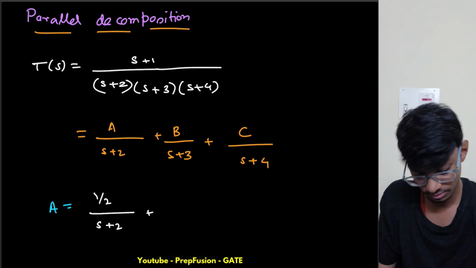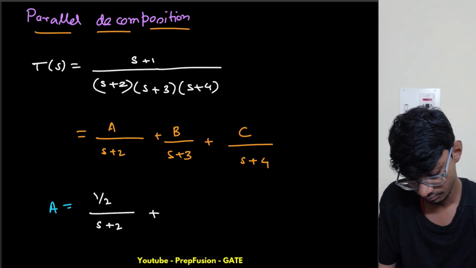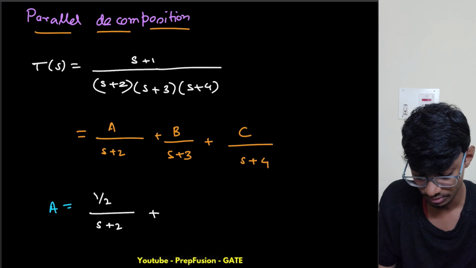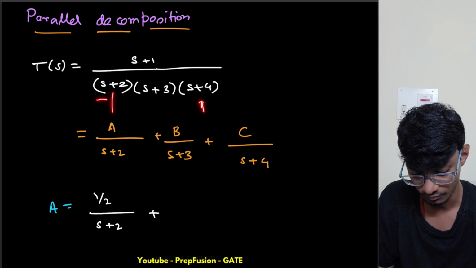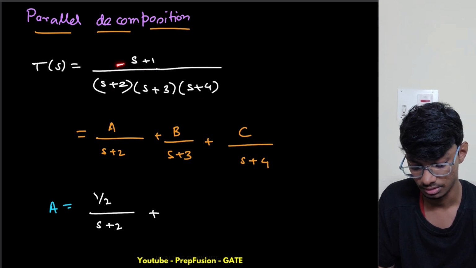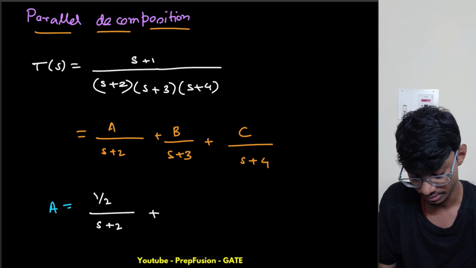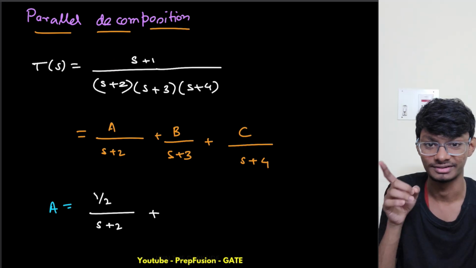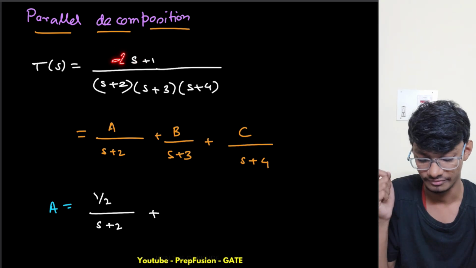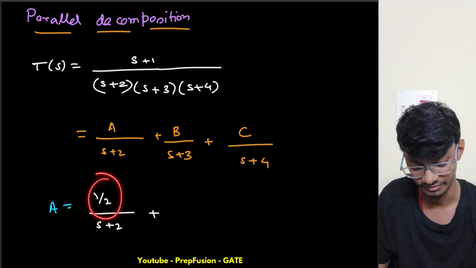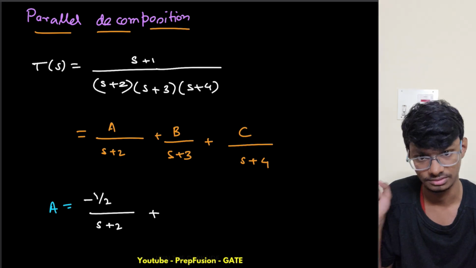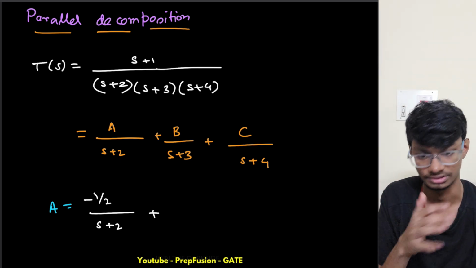So 1 by 2 over s plus 2, plus... I made some mistake because I had to put -2 over here also. If I put -2 over here, it becomes -1 for the previous case, so I have to multiply by a minus also. If you do the calculations, you will understand.